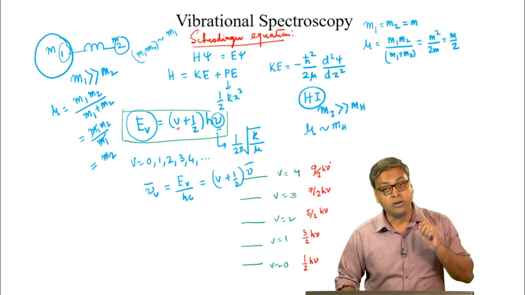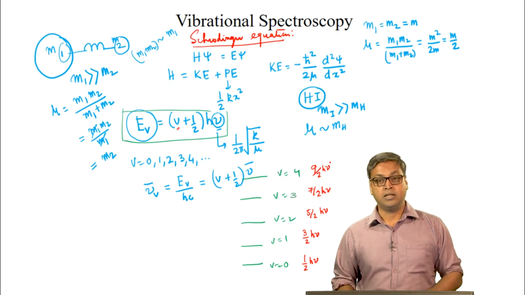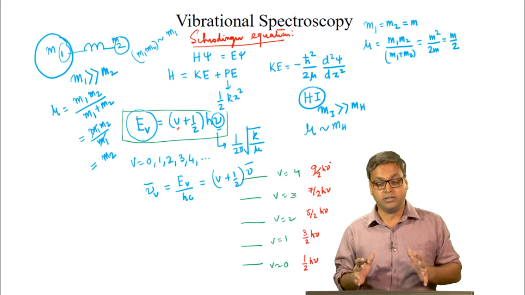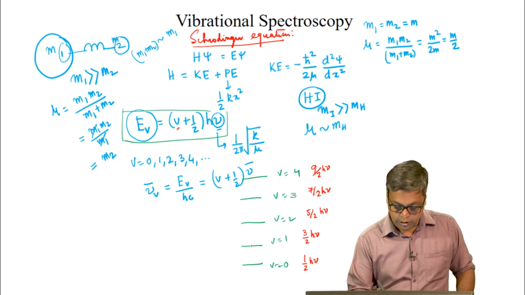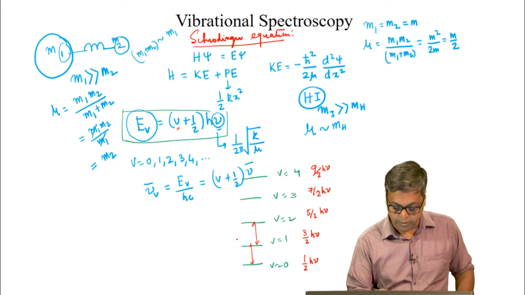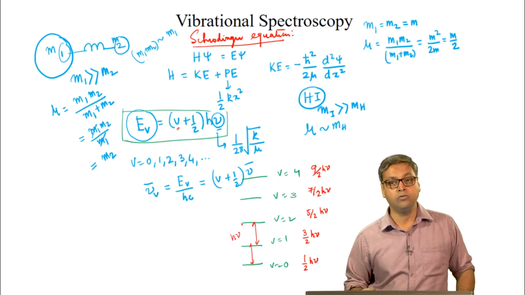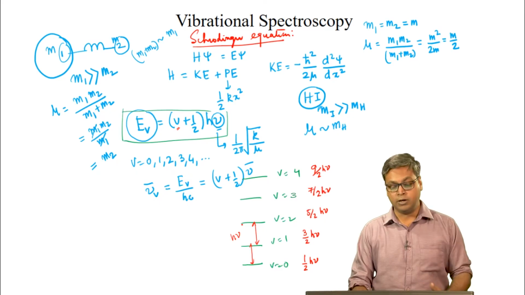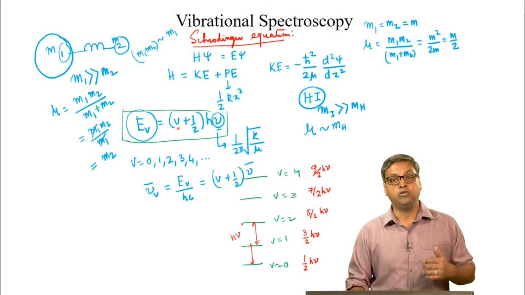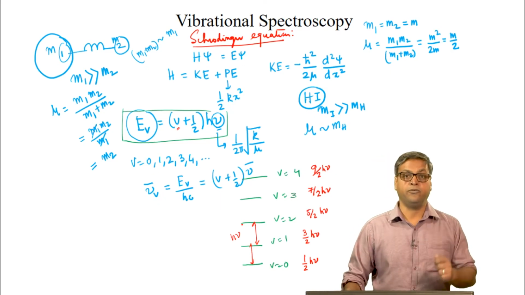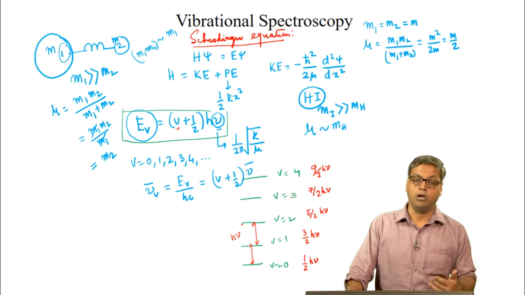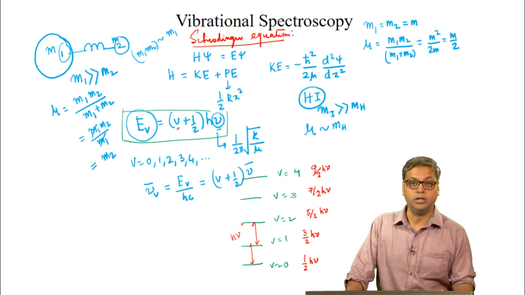So, the first observation we make is that the energy levels are equally spaced. So, the equal spacing between the energy levels is given by h nu, or in wave numbers is given by nu bar. This observation is different from what we saw in rotational spectroscopy.